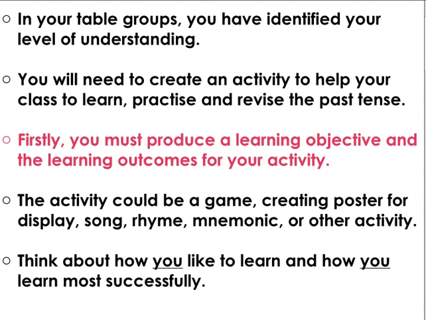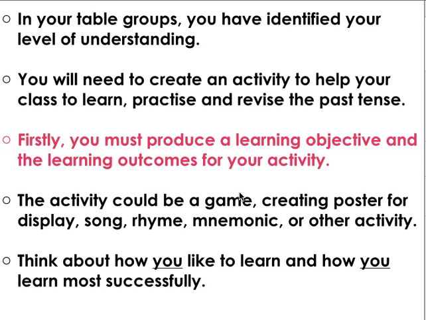Okay, so this is the group activity, guys. Right, so you've got your level of understanding, within your groups you need to create an activity to help your class to learn, practice and revise the past tense. Firstly, you must produce a learning objective and the learning outcomes for your activity.